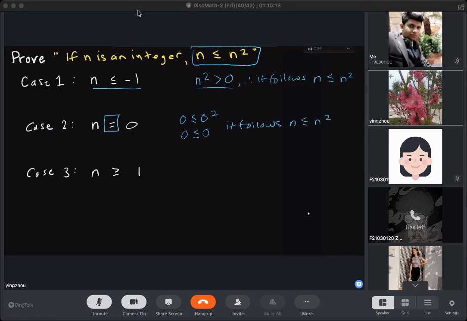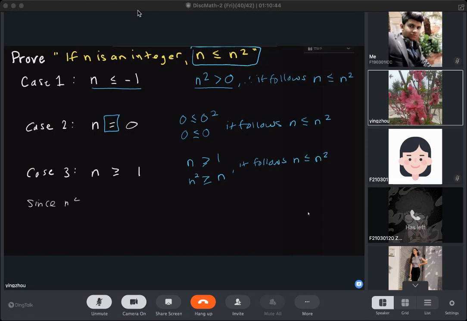For case 3, n is greater than or equal to 1. So if n is greater than or equal to 1, and I multiply the left side by n and the right side by n, I end up with n squared is greater than or equal to n. So it follows that n is less than or equal to n squared. So how would I wrap this up?